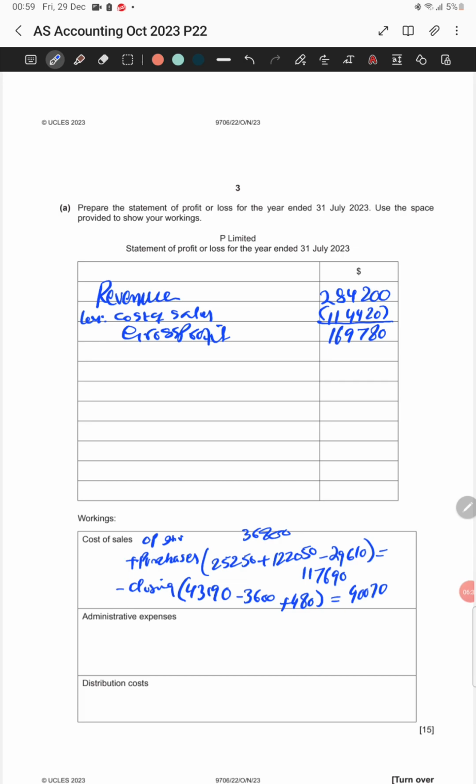After gross profit, we have to record less distribution cost and admin cost. For this we have to show the working.